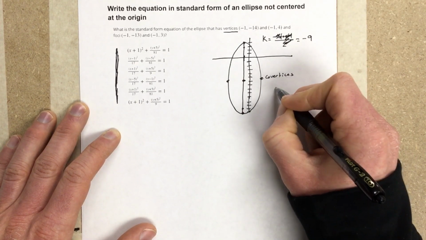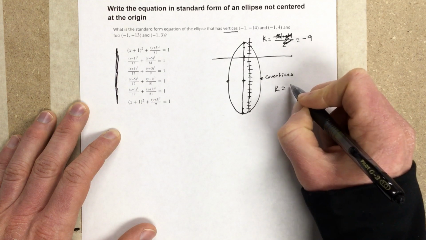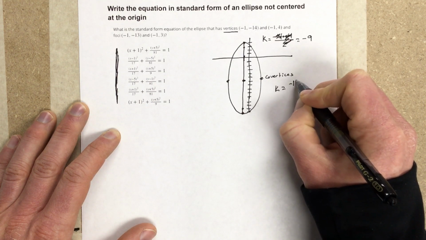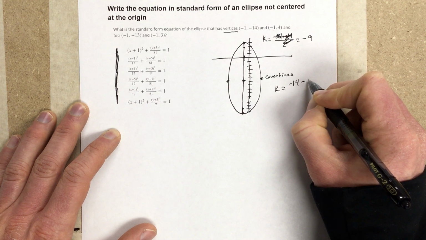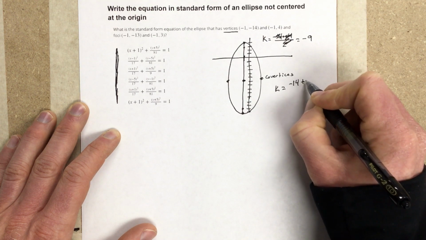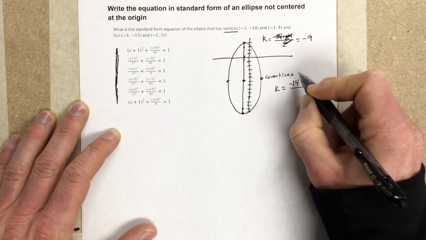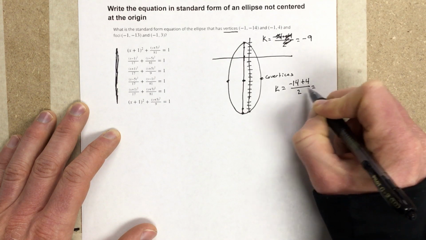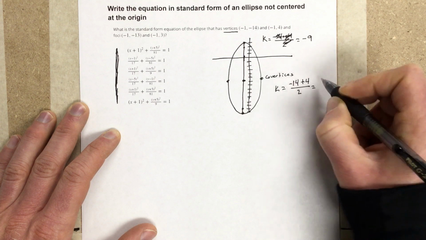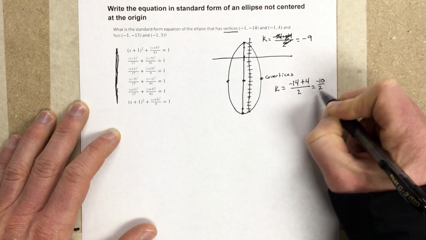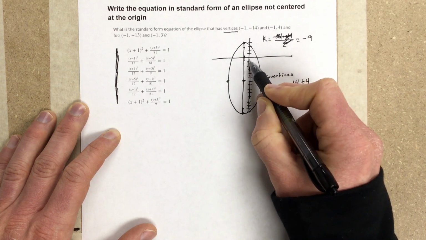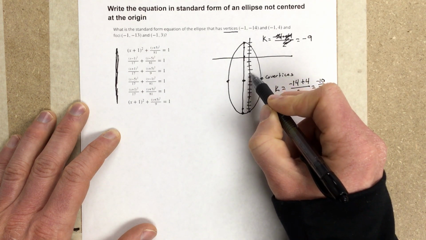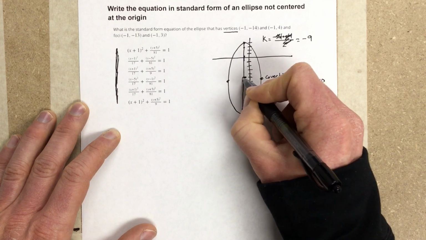To find that k value, I would have -14 plus 4, finding the average, divided by 2. So that'd be -14 plus 4 is -10 over 2. So k is -5. So if we go 1, 2, 3, 4, 5, this point should have been right there.